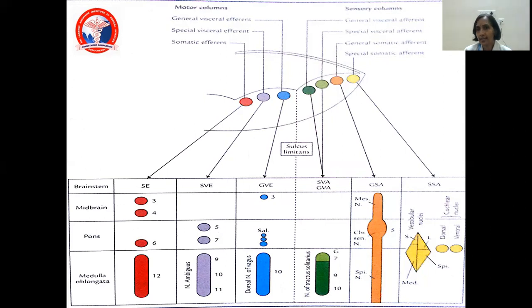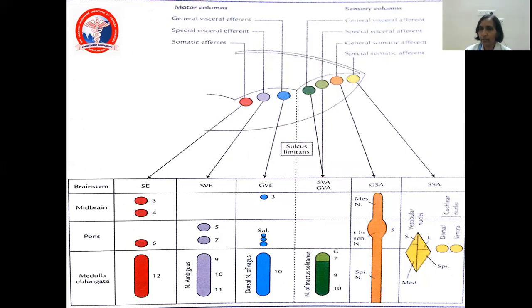Now about the sensory components. The sensory components, both general visceral afferent and special visceral afferent, are together in the nucleus of tractus solitarius, and they receive general as well as special sensation through the 7th, 9th, and 10th cranial nerves.